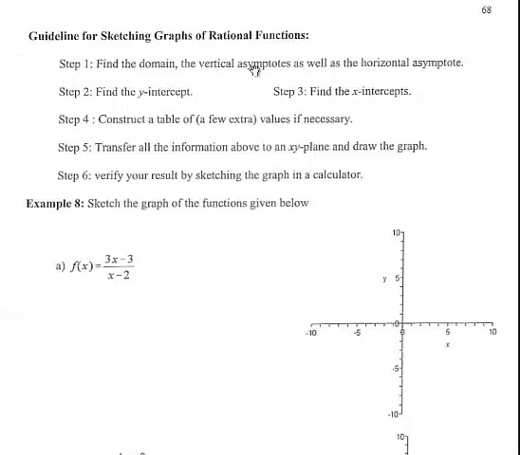One, we'll find asymptotes. And finding the vertical asymptotes and the domain are sort of one and the same problem. Step 2, we'll find the y-intercept. 3, the x-intercepts. 4, we will find a few extra values, a few more points other than the intercepts that we can plot to ensure that we graph an accurate curve for the rational function.